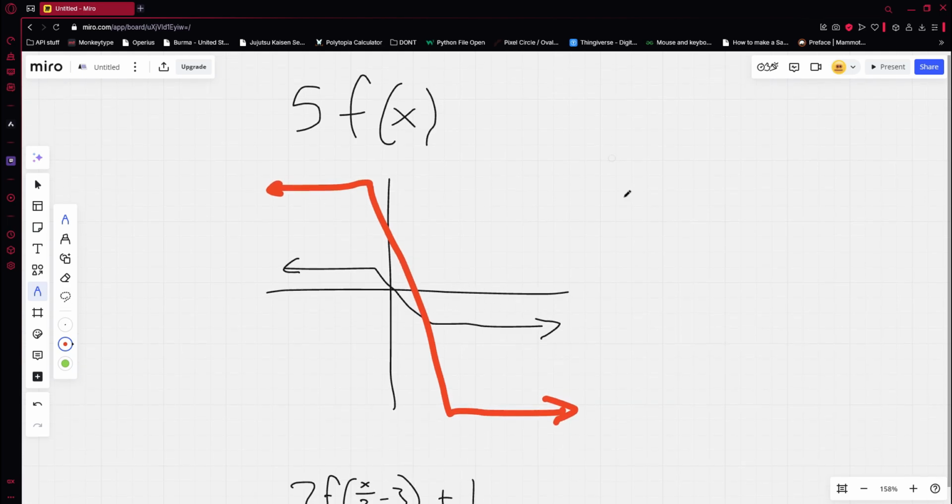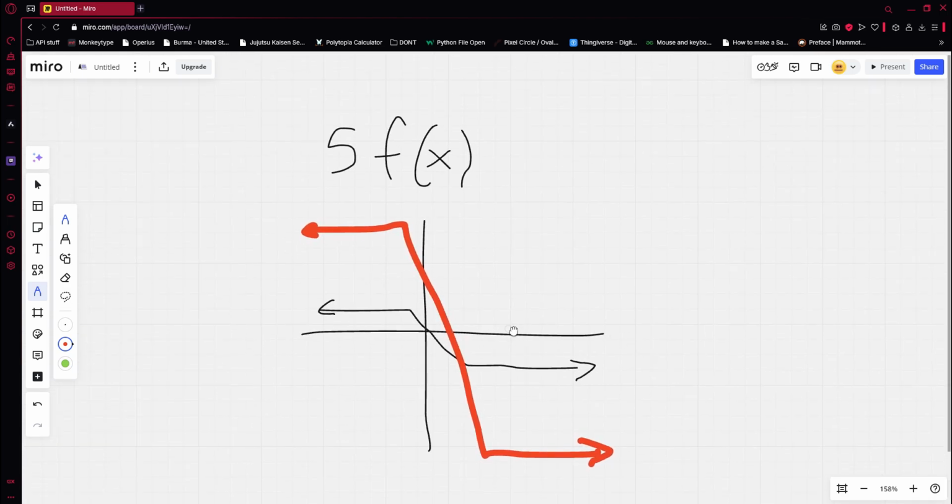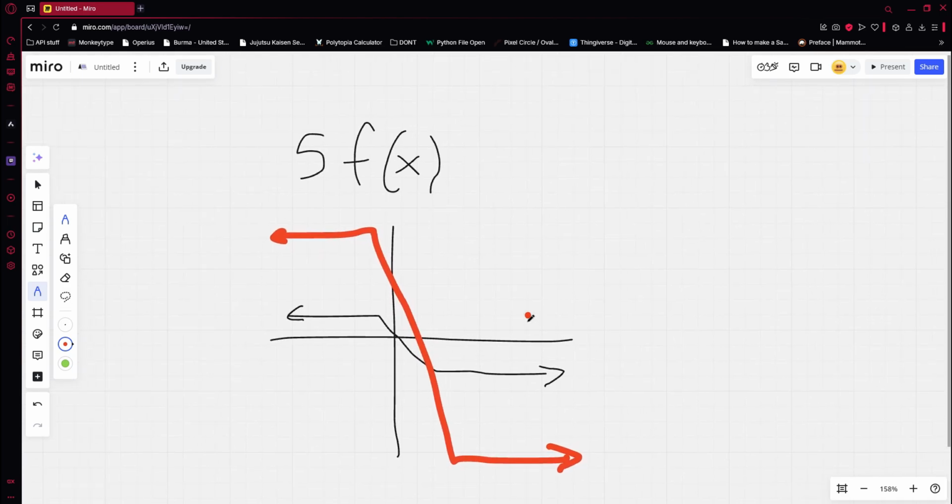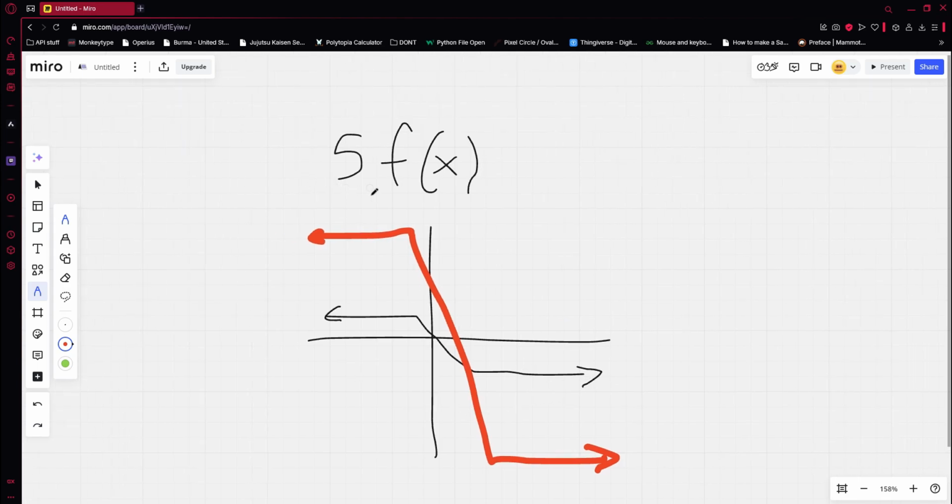So higher highs, lower lows. You take your y value, your elevation, and multiply it by that number. So let's say this is a point at y equals 1, multiply it by 5, it's y equals 5 now. Do that with every other point in the graph. We'll do more examples with that later, but just know that you multiply the y by the y dilation, the number outside the parentheses multiplying the function.